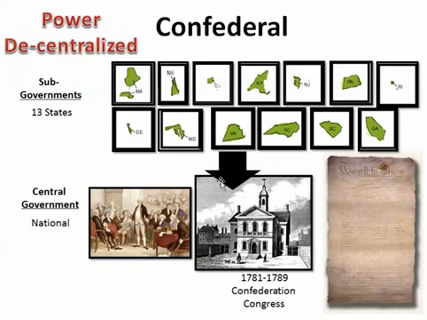Here is a copy. Operating under a decentralized government means that power is not centered in one place, but in 13 different places. And in this instance, in a confederal system of government, the locus of sovereignty is in 13 different locations. The states, the 13 states, hold most of the power. That's where the locus of sovereignty is.